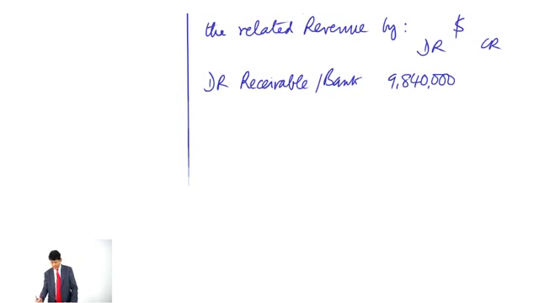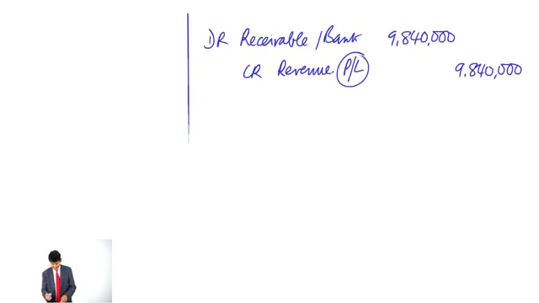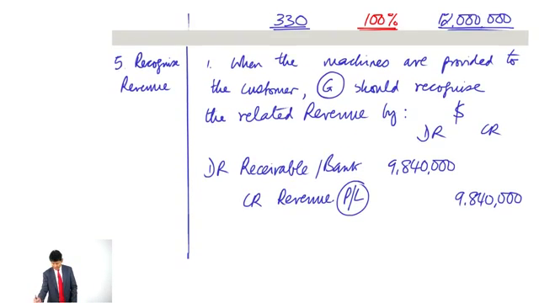Not so clear, but the exam question will be a bit clearer. If in doubt, just say receivable stroke bank, that's fine. And of course, you credit revenue, and that goes to your profit and loss account. And that's 984000, like that. So that's point 1.